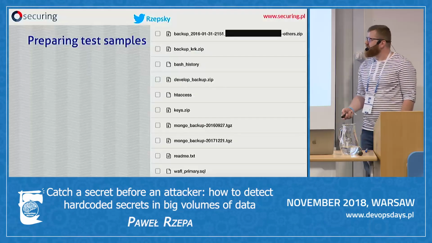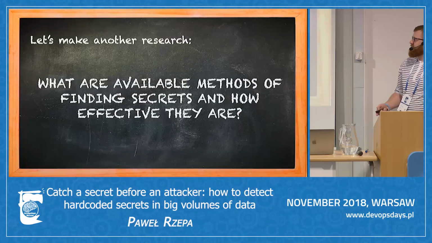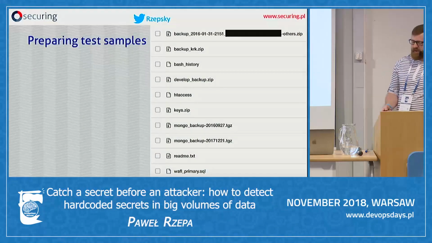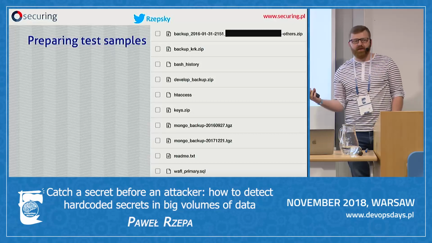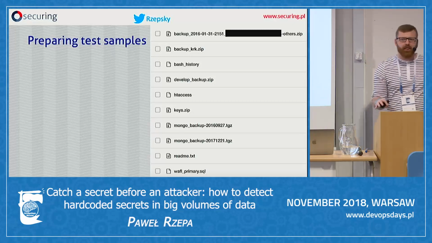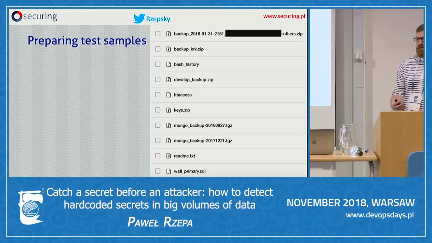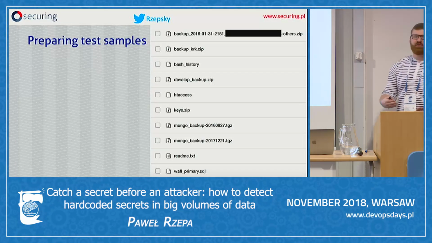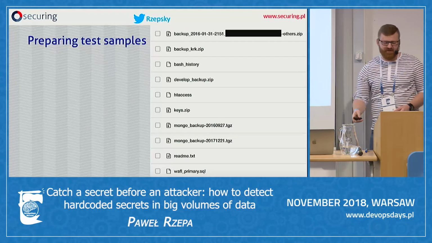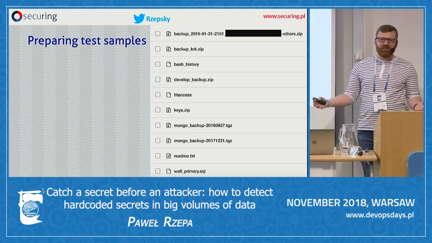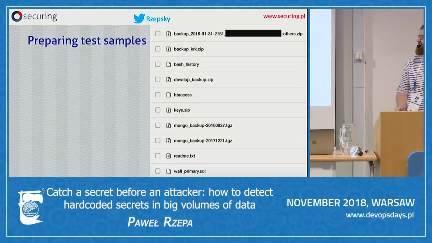And this actually brings me to another research. So I took 5 gigabytes of all those files, anonymized the data inside, faked the secrets so as not to reveal the secrets of some company, and put it in another public S3 bucket, and that is my testing sample.